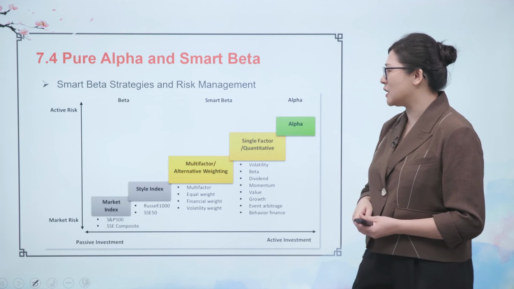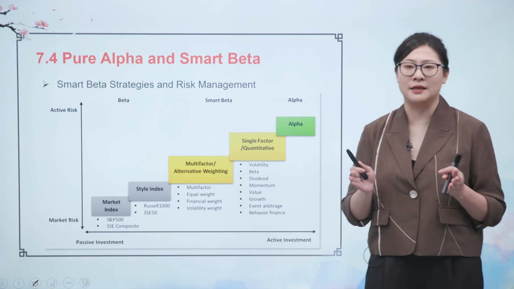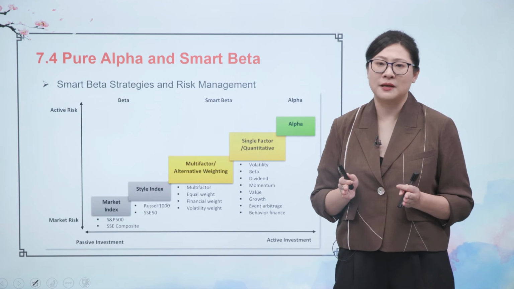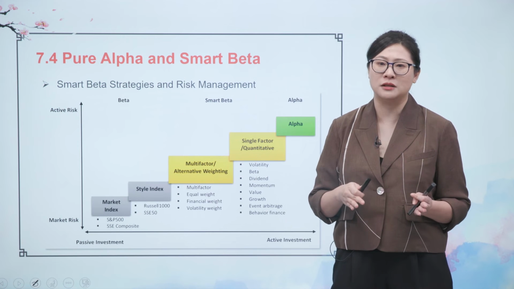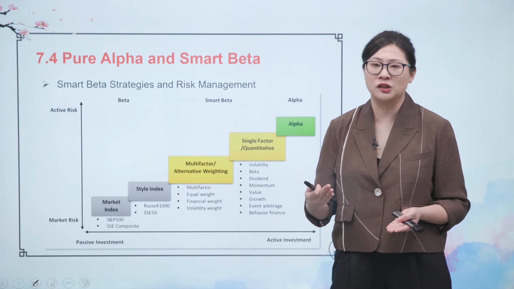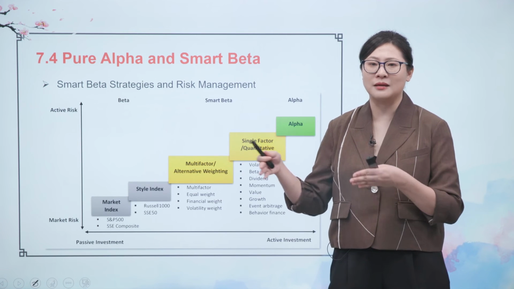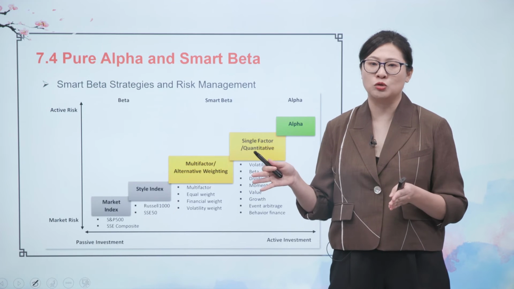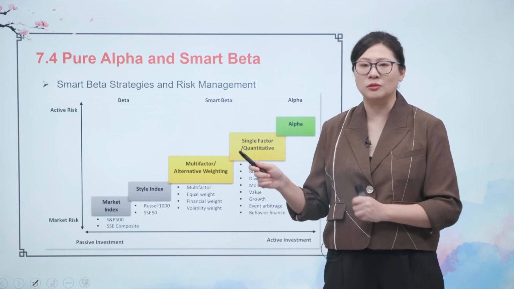The single factor part definitely has more risk because we only consider a single factor and don't change this strategy during the time period. Sometimes, as I mentioned, in one period we prefer value stocks but in the next period growth stocks work better, but in this strategy we won't change from value stocks to growth stocks.